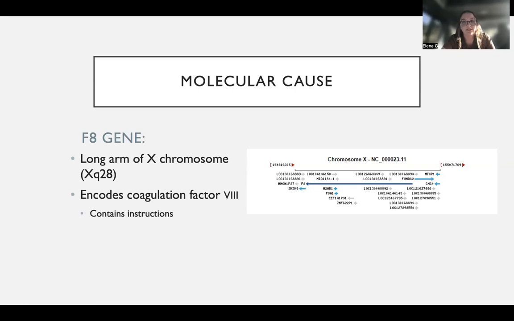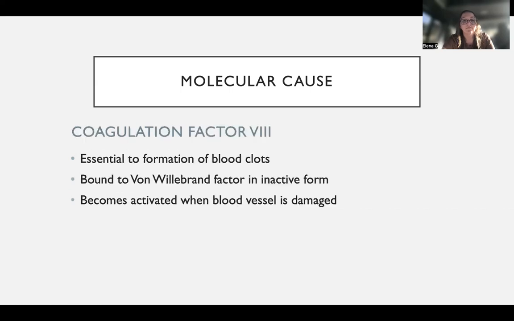And then the F8 gene encodes coagulation factor 8, which means it basically holds the instructions needed to make the coagulation factor 8, which is a protein. So, the coagulation factor 8, as I was saying before, is a protein in the blood that is essential for the formation of blood clots.